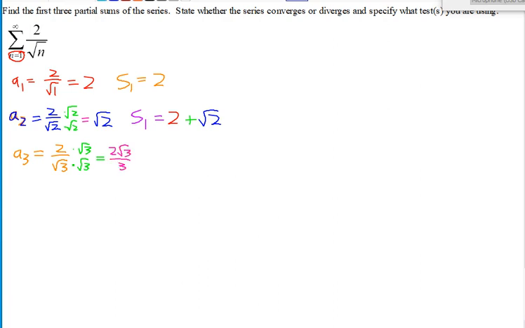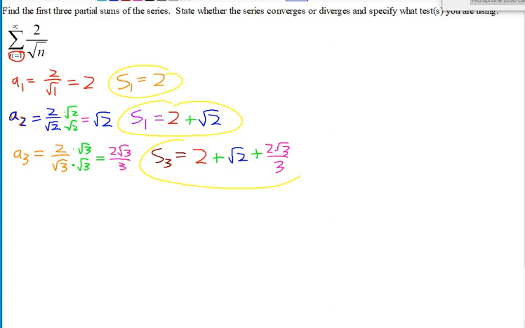So the third partial sum would be the sum of the first three terms, 2 plus root 2 plus 2 root 3 over 3. So those would be our first three partial sums.